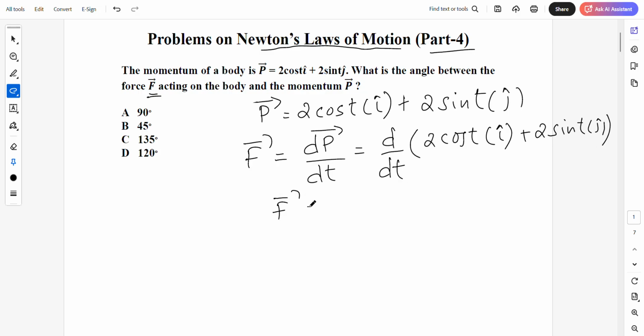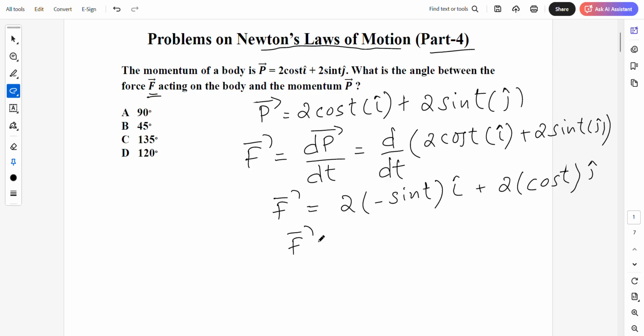Now vector F will be given by the differentiation of cos t, that is minus sin t. I cap will be as it is, plus 2 times the differentiation of sin t, that is cos t, j cap.